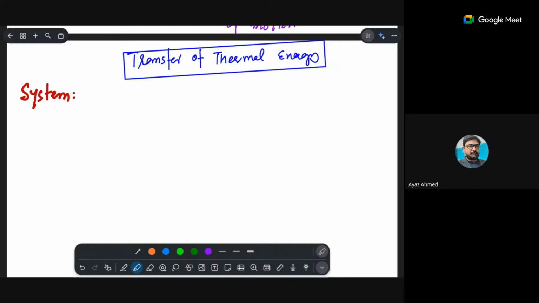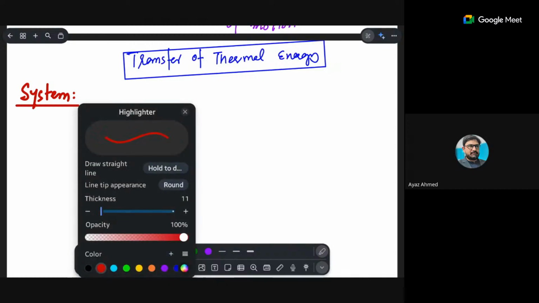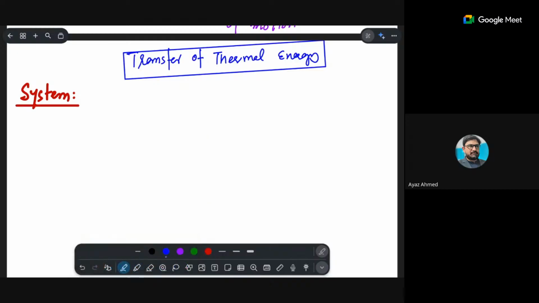Who is taking chemistry? Anyone? System is basically all of your setup which is under observation. For example, the gas, the solid, the liquid.